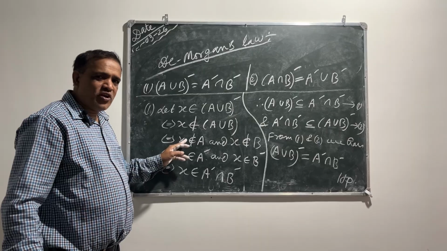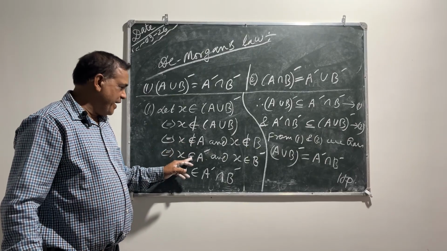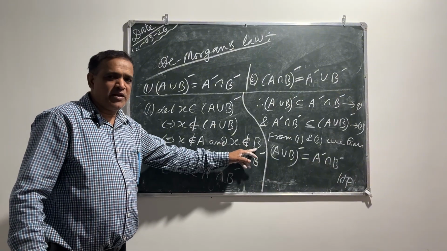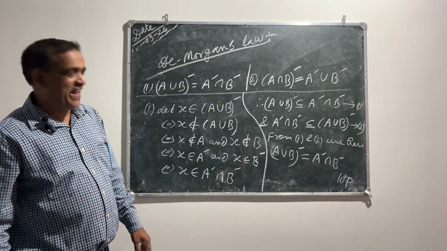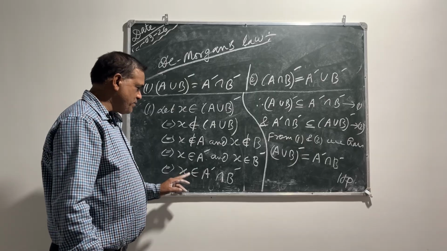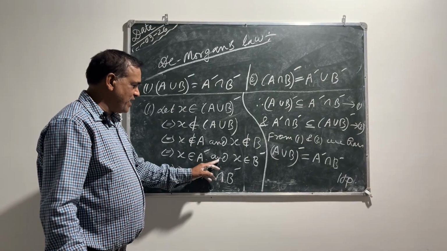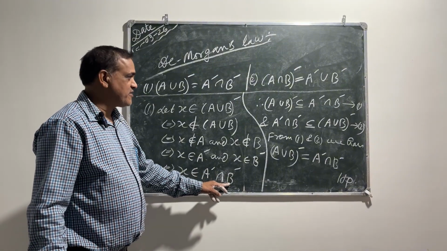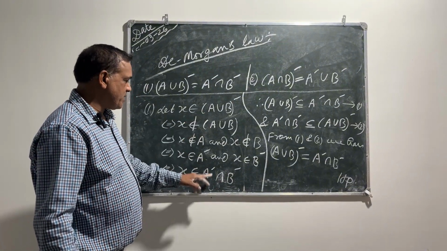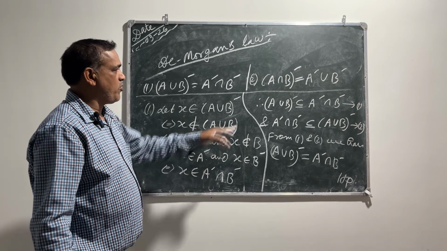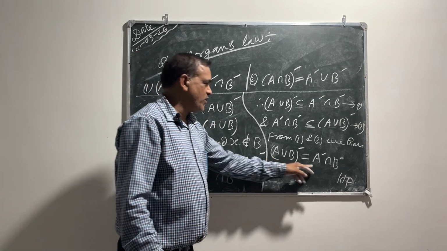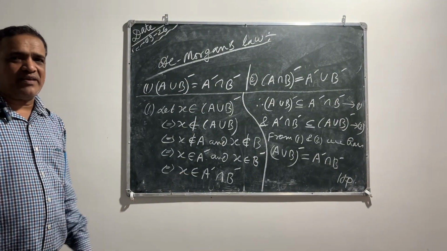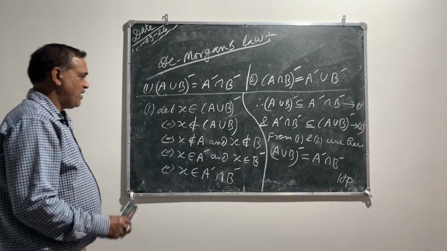If X does not belong in A, then X will belong in A dash. Similarly, X does not belong in B implies X will belong in B dash. So X belongs in these two. If you want to combine them, then and can replace the intersection. So X will belong to A dash intersection B dash. So finally, this will be a subset of this one, and this one will be a subset of this one. From 1 and 2, if we combine them, this proves it. Similarly, the second one can also be proved the same way. You just have to replace union by intersection and and by or.